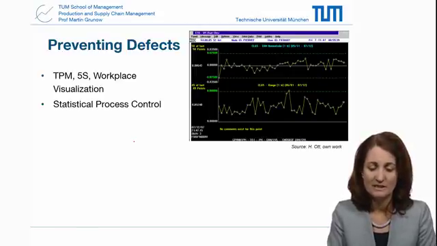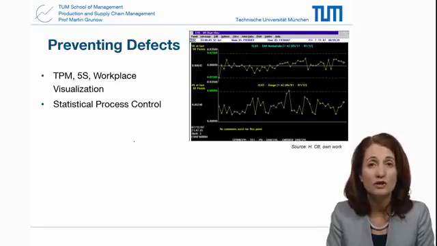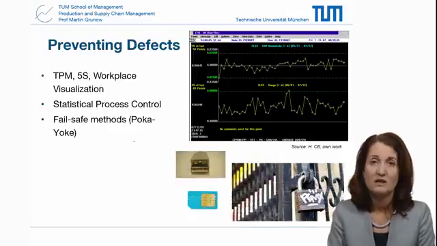We also learned about statistical process control, where in the Six Sigma methodology, you have a control and monitoring method with a response plan in case of any deviations from a stable process.